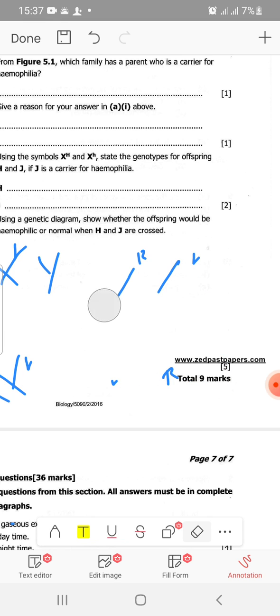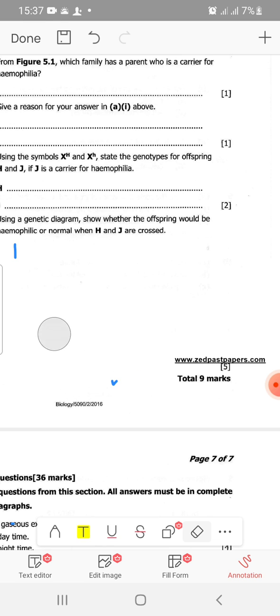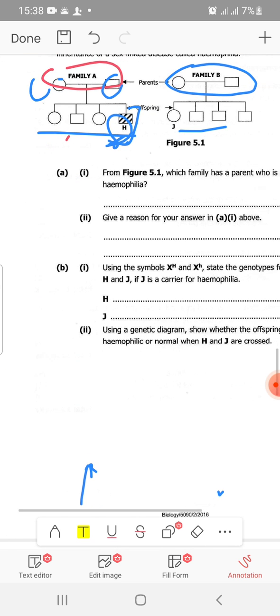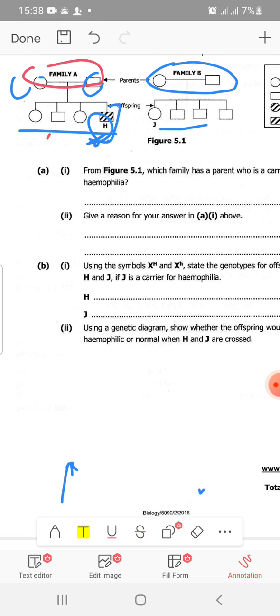Let me just start all over because I'm rubbing these things. I hope you're getting the concept here. So I will draw from here. We have x for H, small letter r there, and the y.